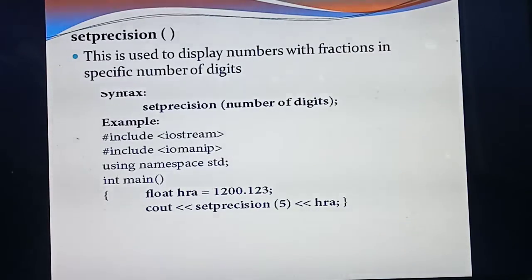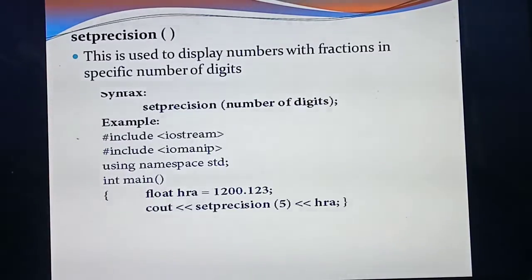In fractional numbers you give some specific number of digits, and based on the digits you display some digits. For example, you are giving a number with 10 digits in total, before the point and after the point. But if you set precision as 5, in the output screen you can expect only 5 digits. Understood what's the use of setprecision?